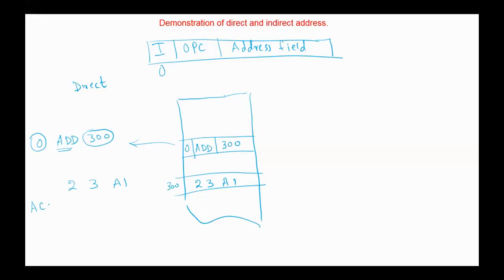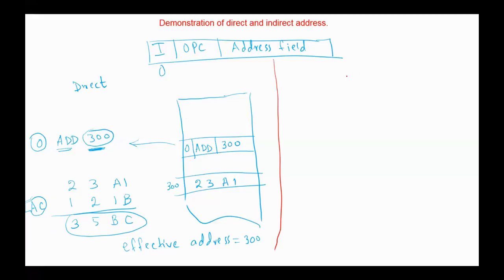Suppose that the contents of the accumulator is 121B, again in hexadecimal. The result of addition is CB53, and this will be the new contents of the accumulator. Again, in direct addressing, in the address field we have the address of the memory location where the operand is stored. Here, the effective address of the operand is 300.